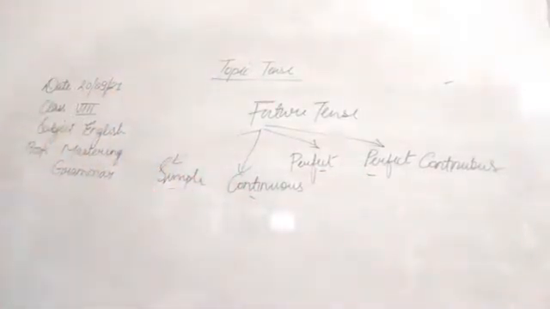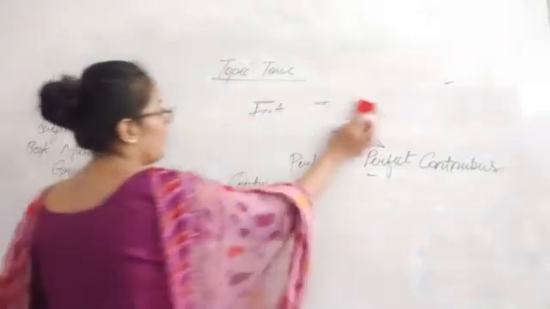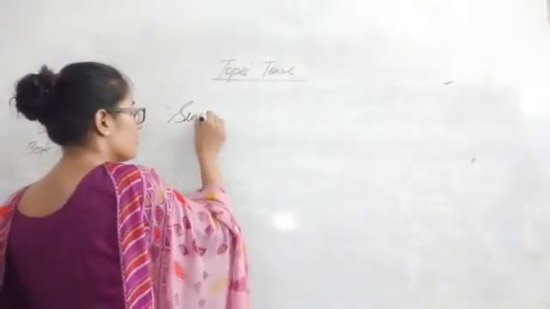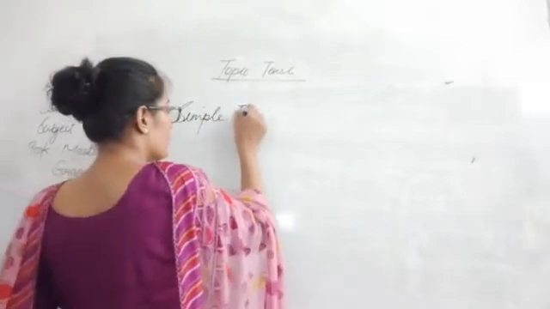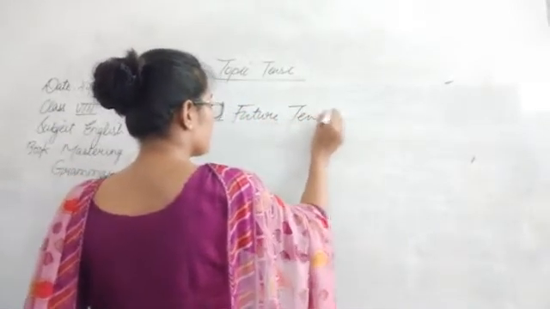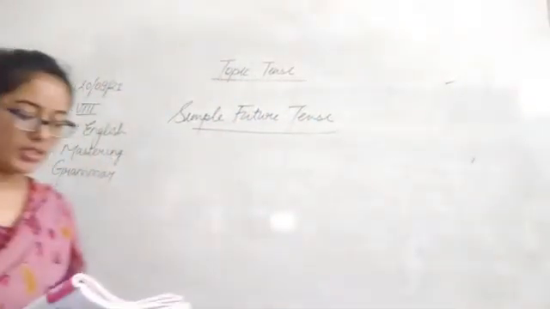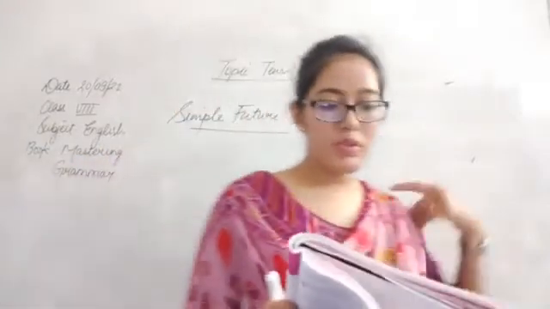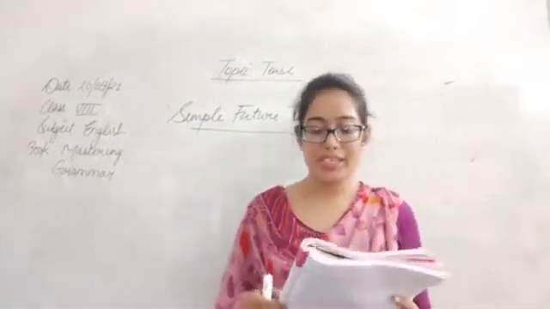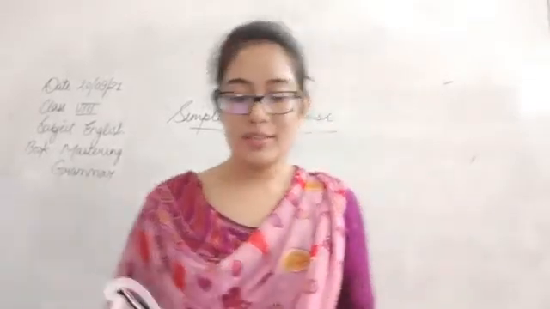Now let's begin with what? Simple future tense. Let's talk about simple future tense. Okay, simple future tense. So we know that will, shall and going to are used to express action in future tense.